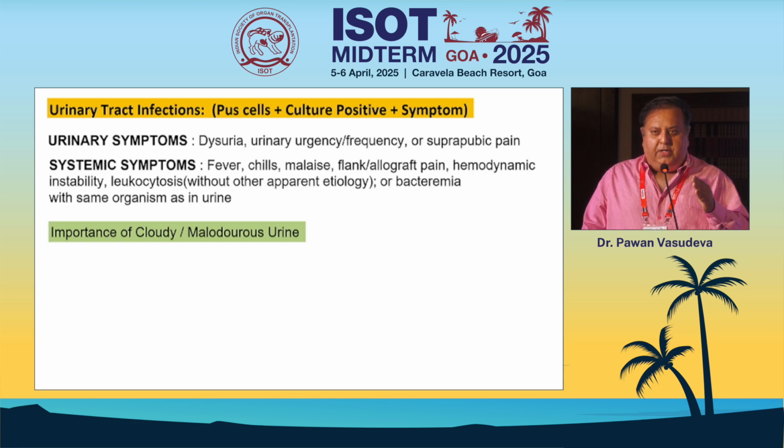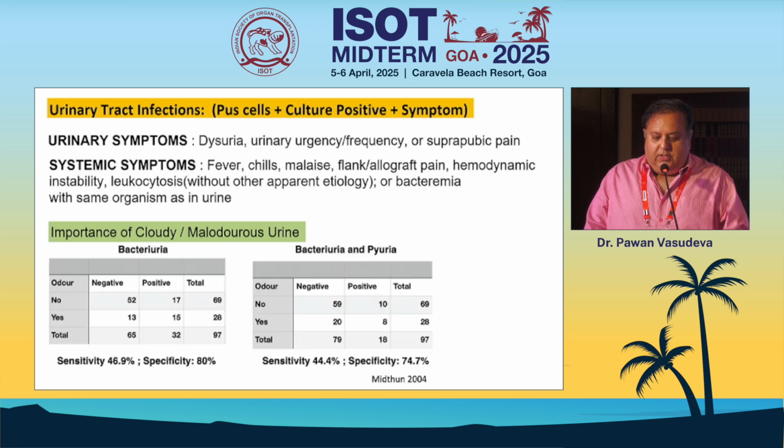Or will the person remain in the asymptomatic bacteriuria zone if he or she has only cloudy or malodorous urine? The answer is that the sensitivity of odor to pick up bacteria or bacteria and pyuria is 50-50. So this cannot be considered a symptom of UTI. If your patient only has this complaint, he will still remain in the asymptomatic bacteriuria zone.